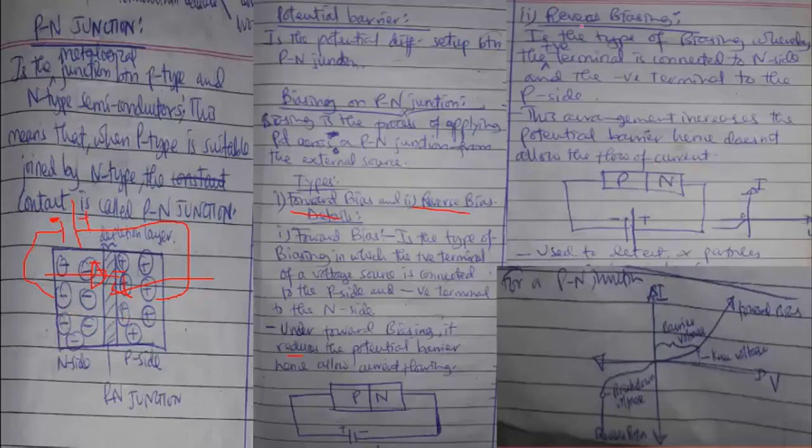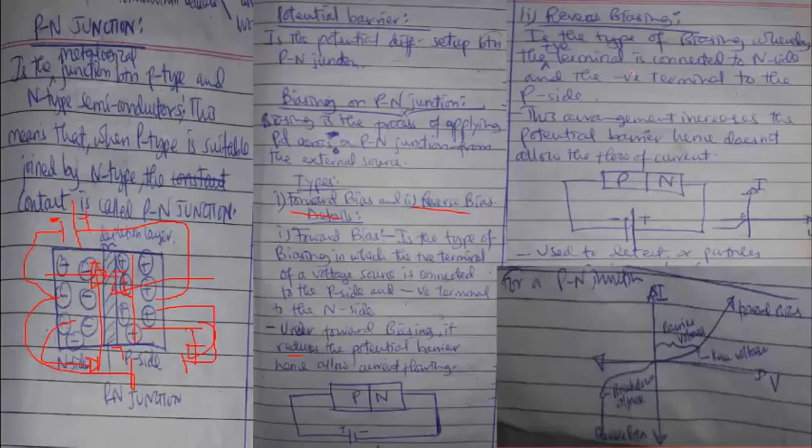However, in reverse bias, it becomes the opposite. The p side is connected to the negative and the n side is connected to the positive side. Therefore, the electrons are pulled away from the junction and the holes are pulled away from the junction. Therefore, there is an increase in the depletion layer.